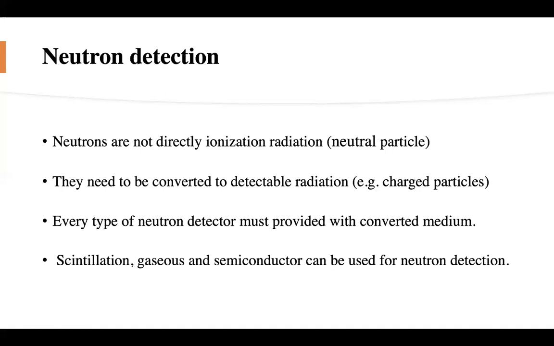Scintillation, gaseous, and semiconductor detectors can all be used to detect neutrons, but we need some modification just to convert neutrons to different detectable radiation.